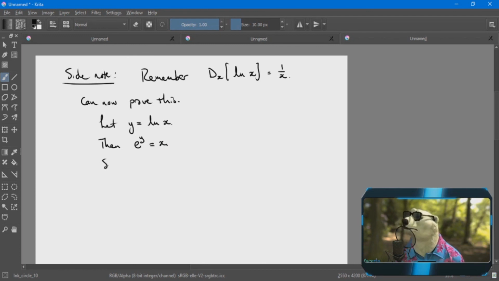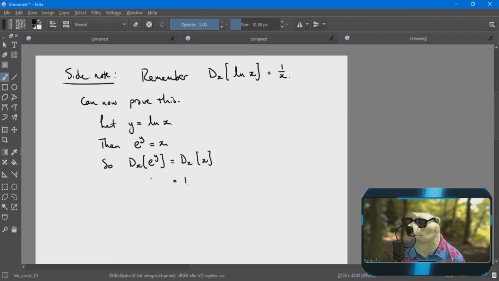Now, we are going to do implicit differentiation, x is my variable, on this equation. On the right, derivative of x with respect to x is 1.